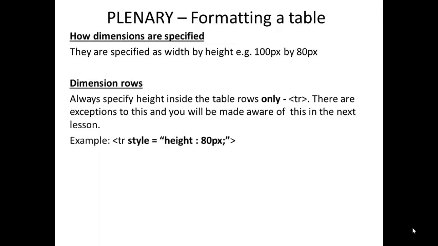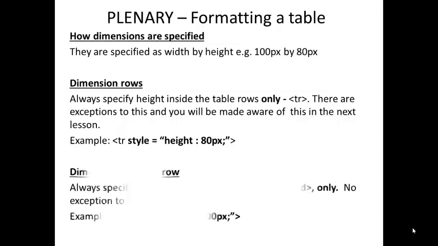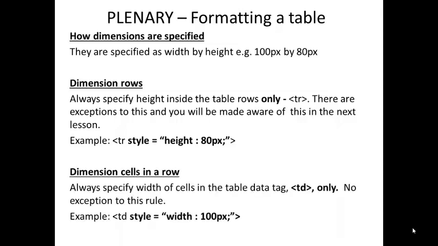That's an example of how to dimension a row. Most of the time you specify the height in the row. There are exceptions to the rule which we'll be talking about later on, but most of the time that's what you do. You don't specify the height in the TD, you specify it in the TR. And that's how to dimension the cells of a row, TD.